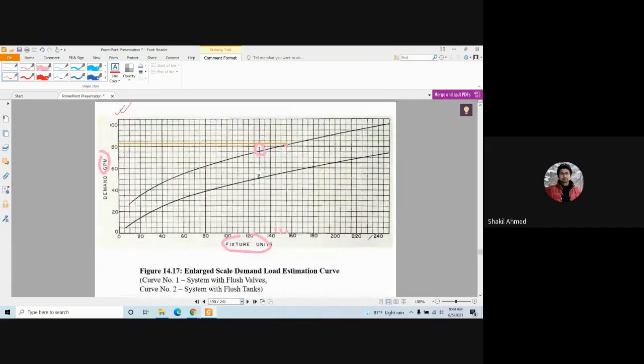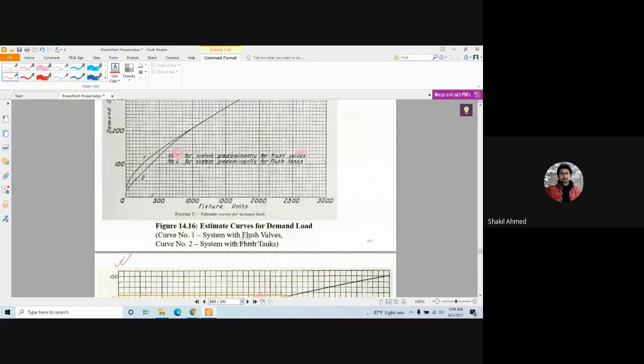For 310, let's say 10, right? So this is around 250. How many? 1, 2, 3, 4, 5, 6, 7, 8, 9, 10. So each is 50. So this is 300, 310, right?